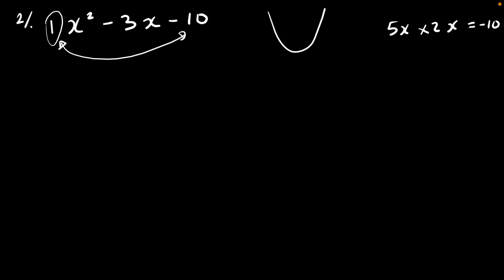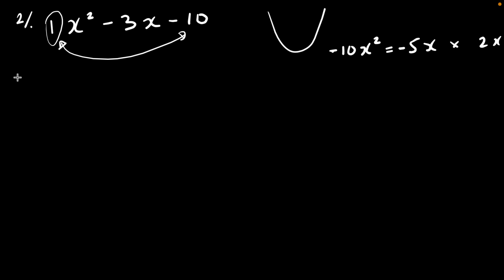Let me shift everything over a little bit. I can't say that negative 10x squared is just 5x times 2x, because that's going to give me positive. One of these has to be negative. However, I need a sum of negative 3x, so I'm going to want the 5 to be negative. So it's negative 5x times positive 2x.